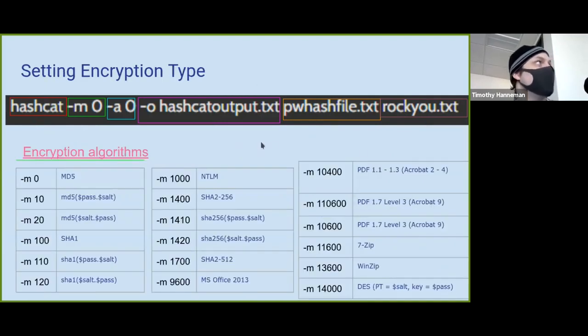Here are the encryption types or hash types. These are the ones that I think you're more likely to run into in some competitions. MD5, SHA. Keep in mind that there's a pass.salt and a salt.pass for many of these, and you may have to try both variants in order to crack the hash.